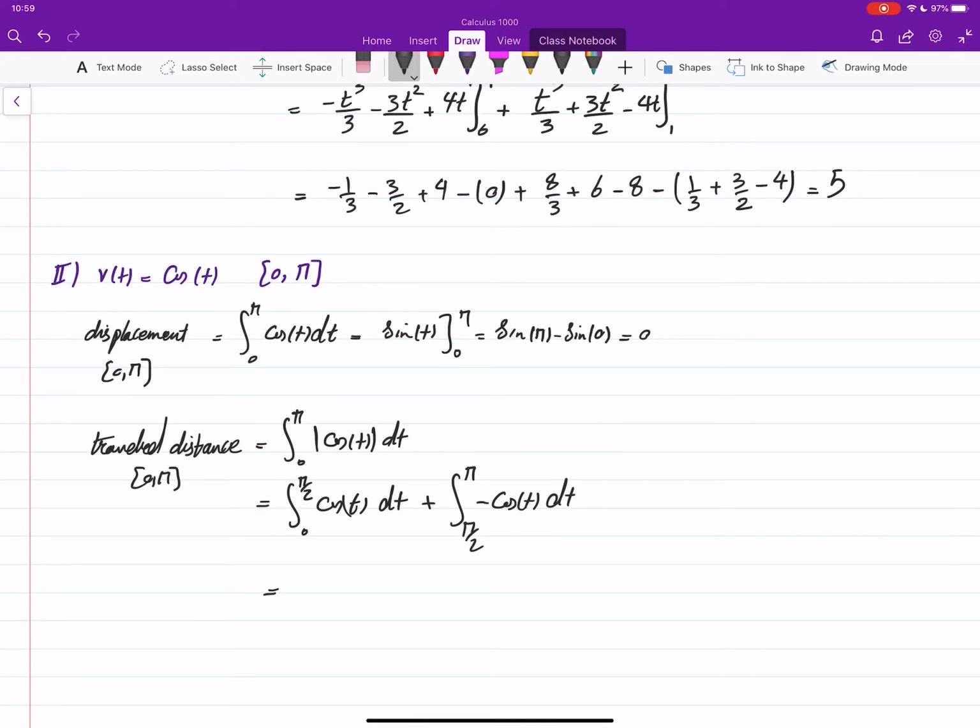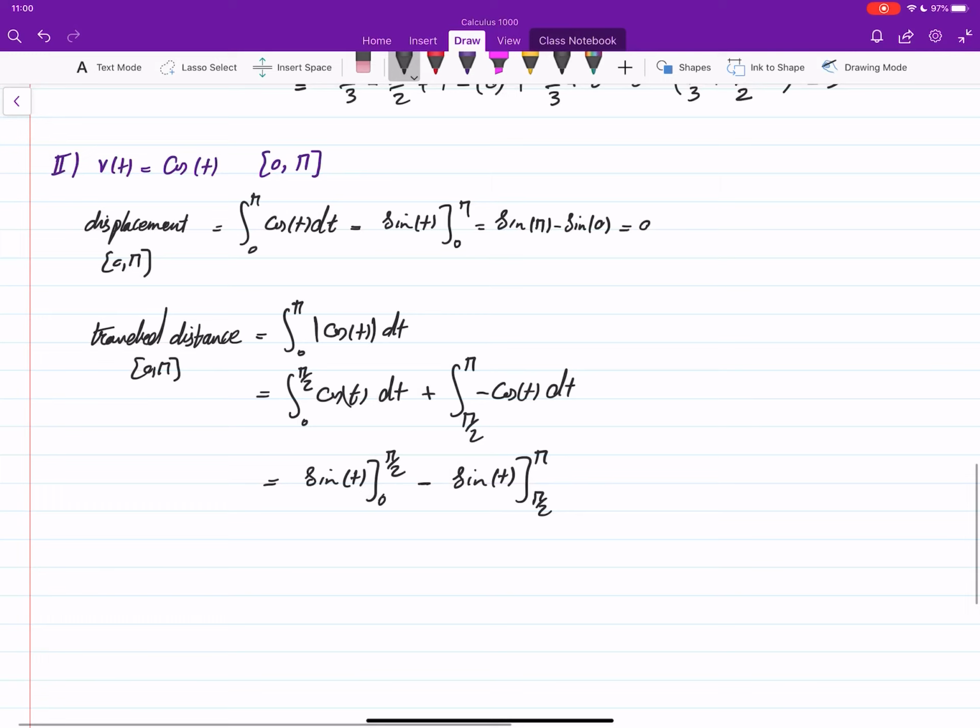So this will be sine of t from 0 to pi over 2 minus sine of t from pi over 2 to pi. And if you plug in the values, this will be 1 minus 0 minus sine of pi is 0 minus sine of pi over 2 is 1, and you add, that's 2.